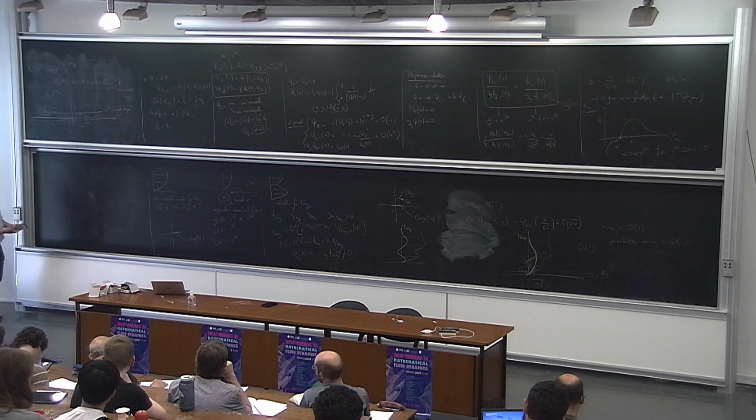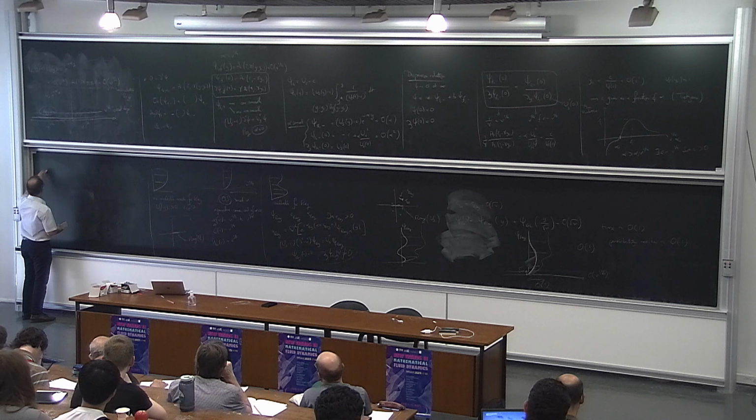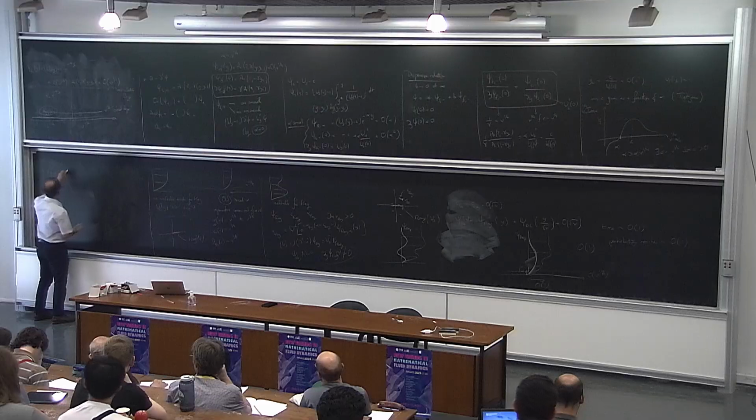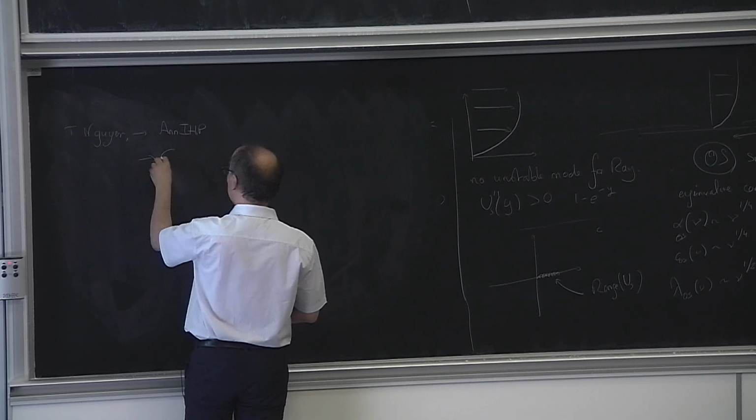So we have four different equations. We have written that in an IHP paper. You can construct the Green function.